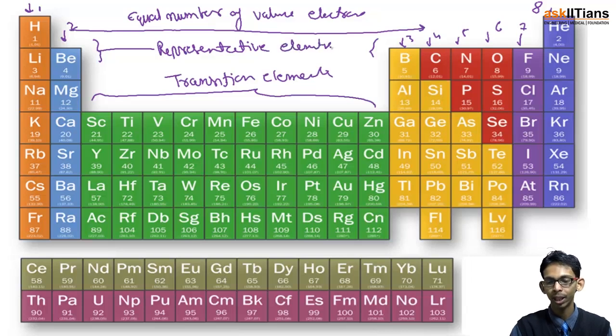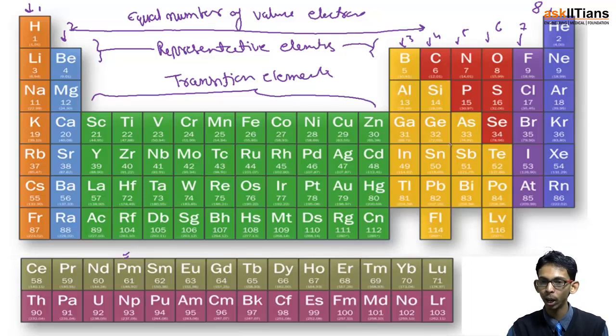So if someone asks you about representative elements, you know it is asking about S block and P block elements only, and these D blocks are called transition elements, and these F block elements are called inner transition elements. Okay. So group gives us information about the number of valence electrons.